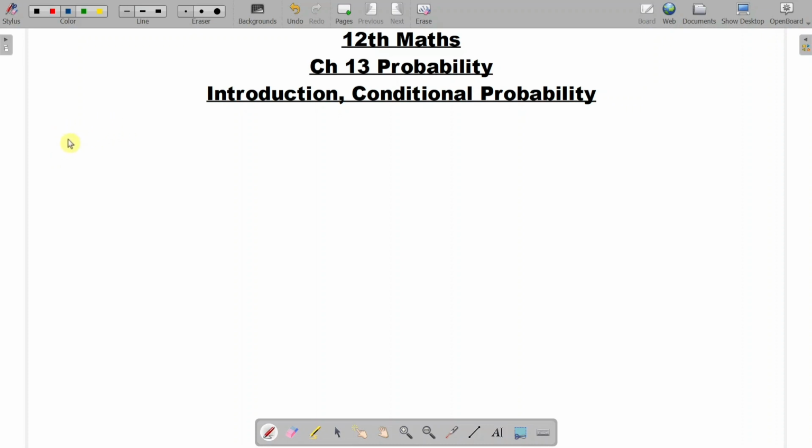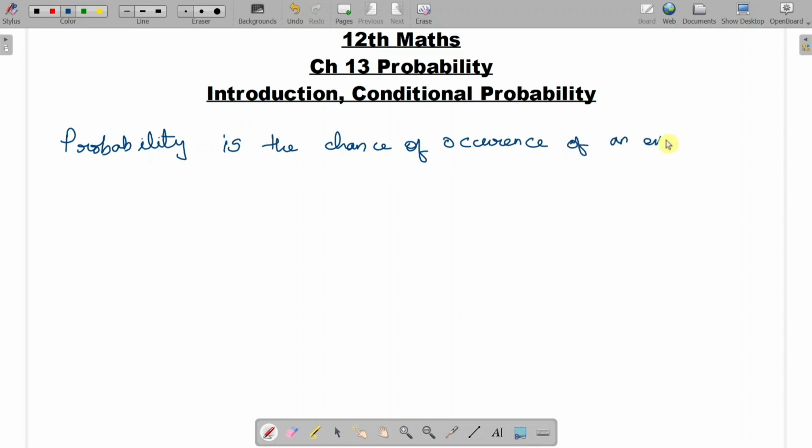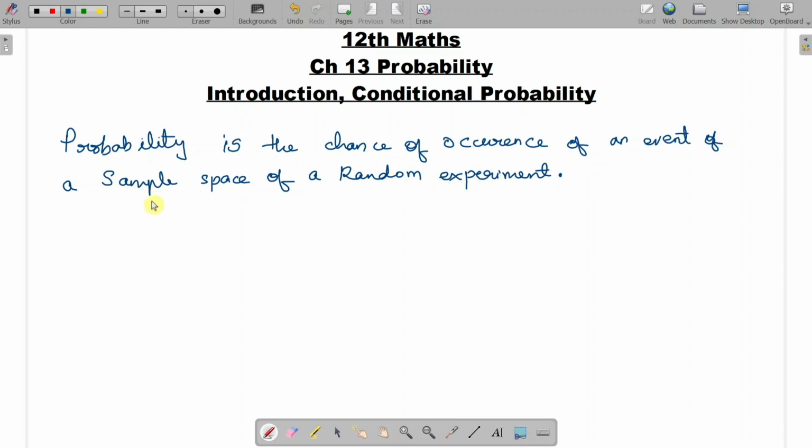So let us recall that probability is the chance of occurrence of an event of a sample space of a random experiment. Okay, this is the definition that we have studied in 11th class.